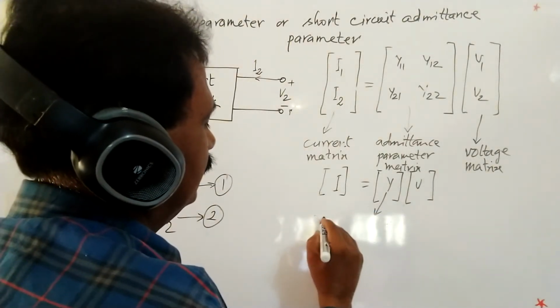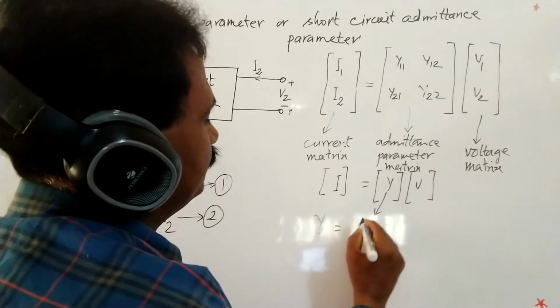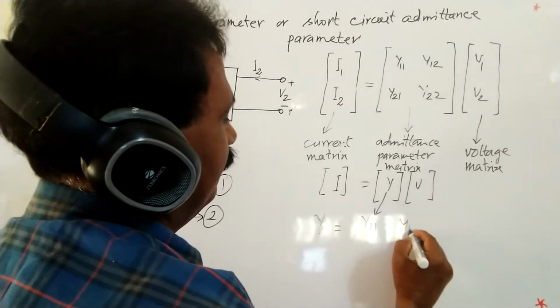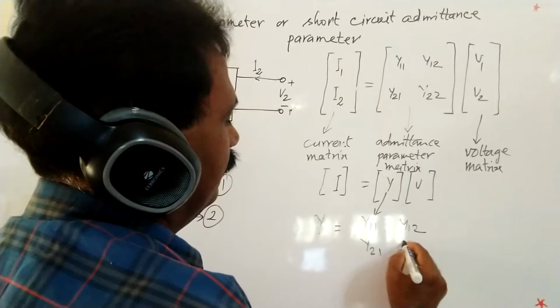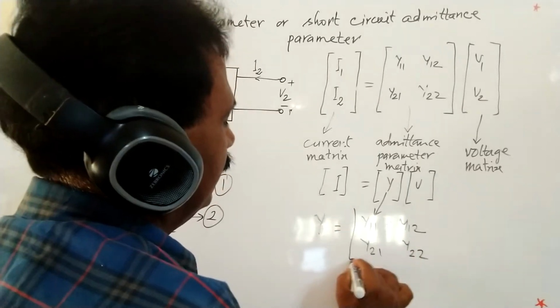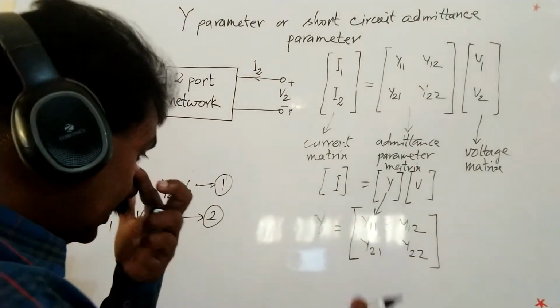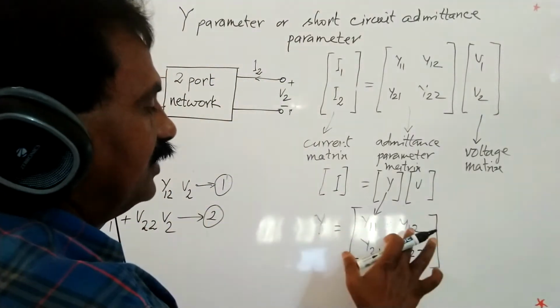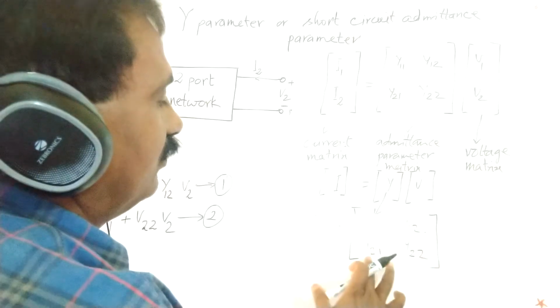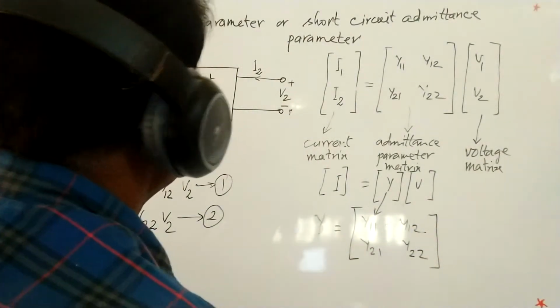Obviously Y is equal to the matrix y11, y12, y21, y22. Here we are interested mainly in the Y parameters, therefore we will try to get the values of y11, y12, y21, y22.